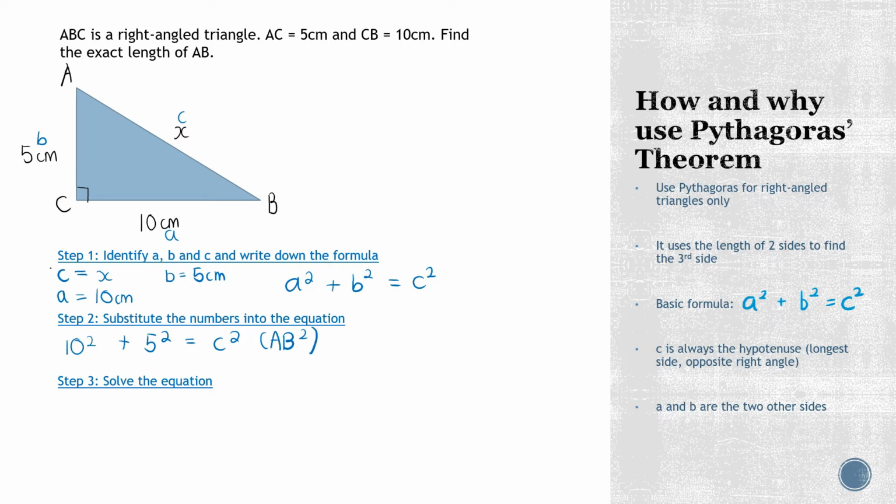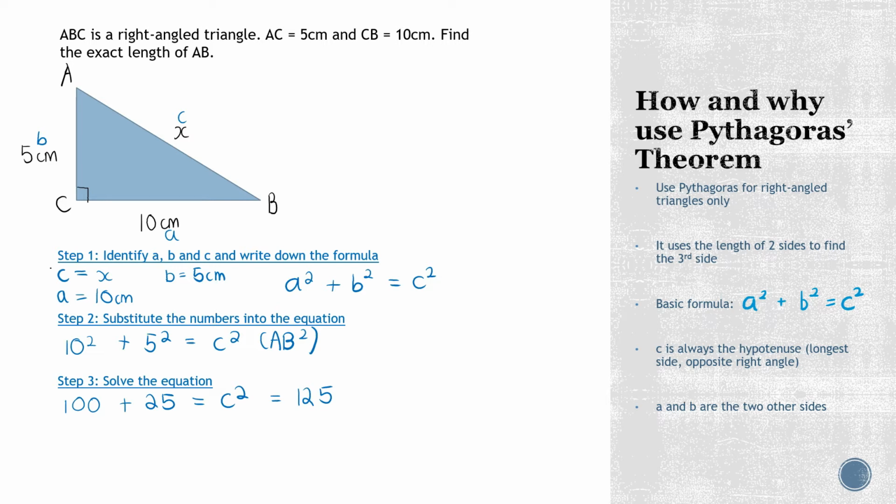So when it comes to solving the equation, we know 10 squared is 100. You could use a calculator, but I'm just going to do this in my head. Plus 25 is 5 squared equals C squared, which equals 125. So we know that C squared equals 125.